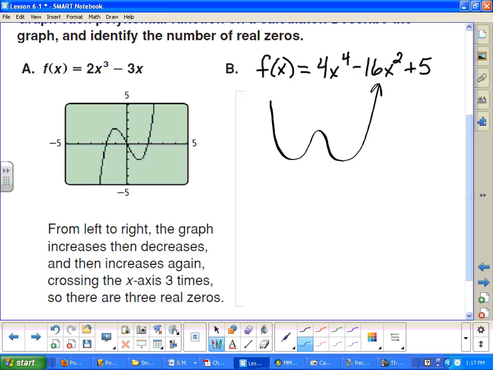So it looks like that. Okay. How many real zeros does it have? 4. So then the graph goes through here somewhere, right? Okay. So that's how I describe it. It goes down, decreases, then increases, and decreases again, and finally it increases as it goes from left to right, and it has 4 real zeros. Okay. Questions?